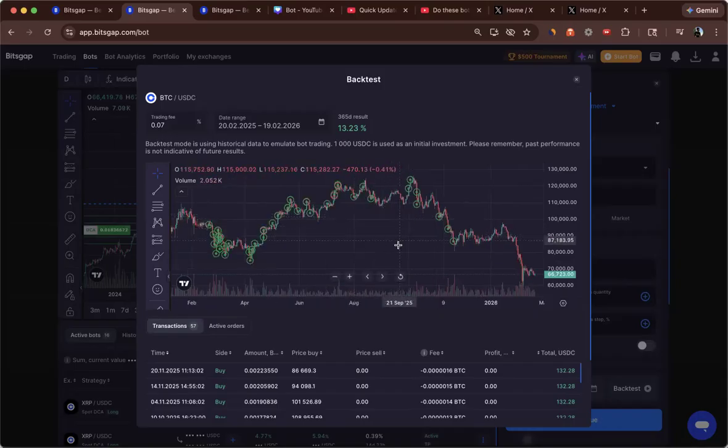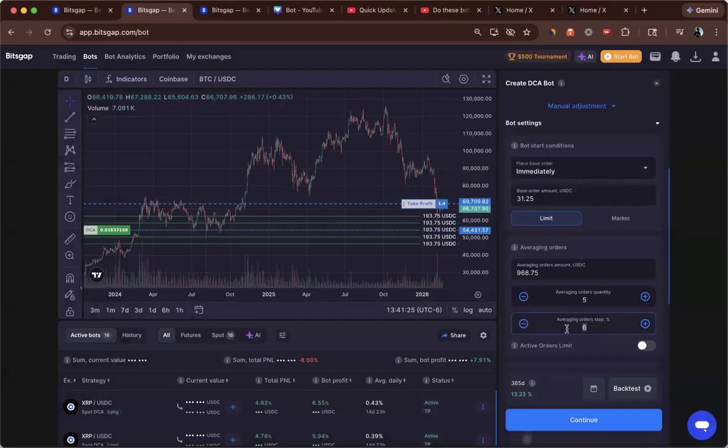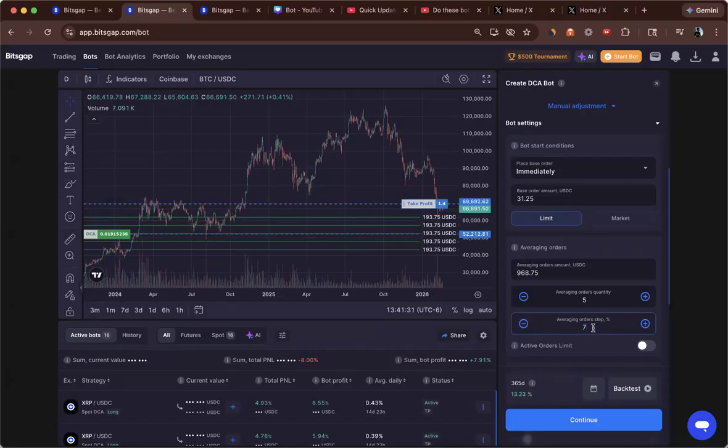So, you could have the one bot set up with those initial settings, this one set up with these settings, and you could stagger them time wise and or stagger them with the percentage difference between these orders.